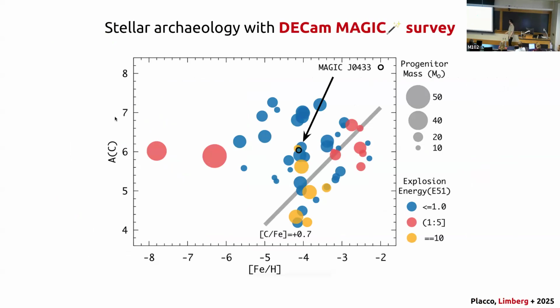I think this plot from the paper that we just published from the MAGIC survey is very good. The horizontal axis is the iron abundance for different stars, which is essentially just your proxy for overall metallicity. And in the vertical axis is the carbon abundance. Carbon is really critical here for reasons that hopefully will make sense right now.